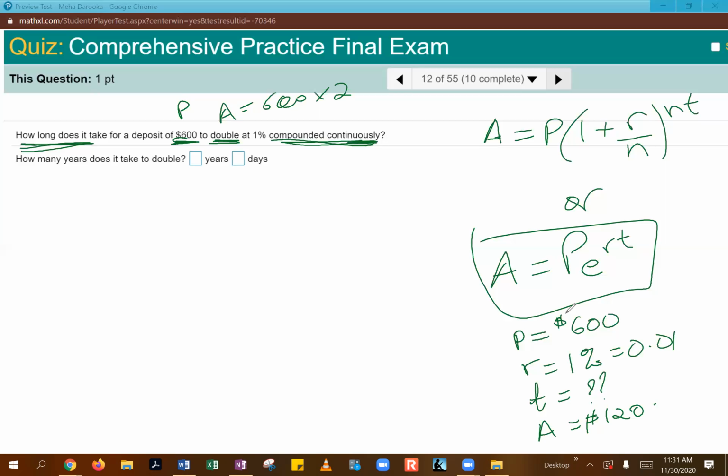So that's going to be the 1200. And then you are finding the t. Alrighty, very good. So you've got 1200 equals, our principal is 600, e raised to the power of, let's see, the r is 0.01, and you are multiplying that by time t.